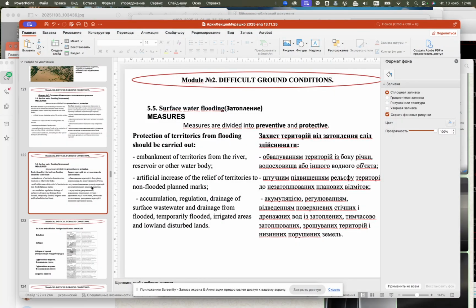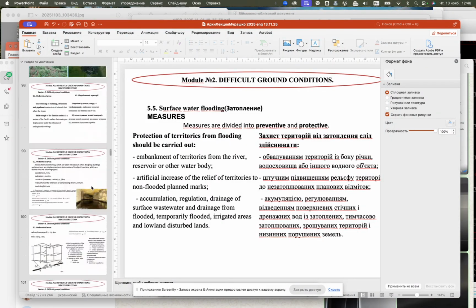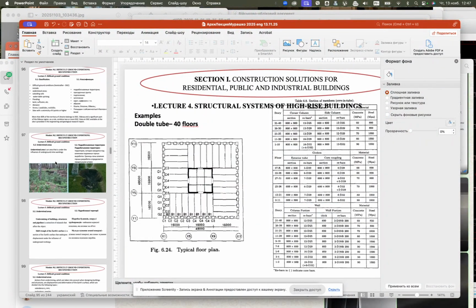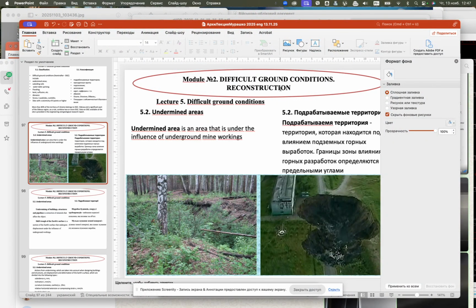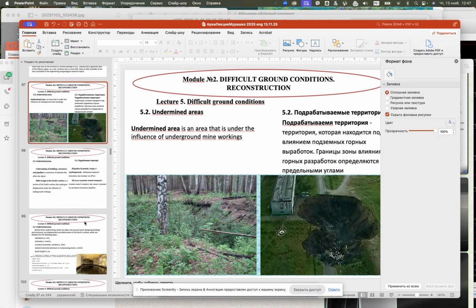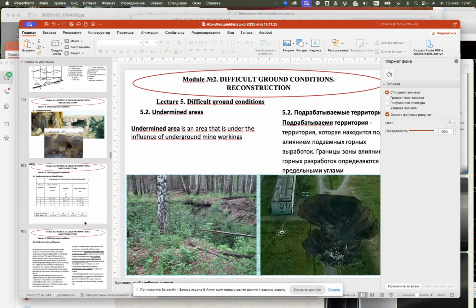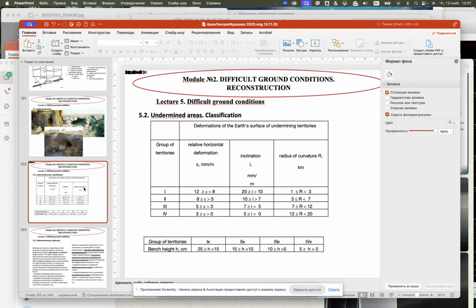So I will remind you in a few words of the materials that we have considered today. First of all, we are in the second module, and we are considering difficult ground conditions. We previously analyzed undermined territories, and we discussed the classification of undermined areas by deformations of the soils or according to the height of the bench on the surface above these underground mines.